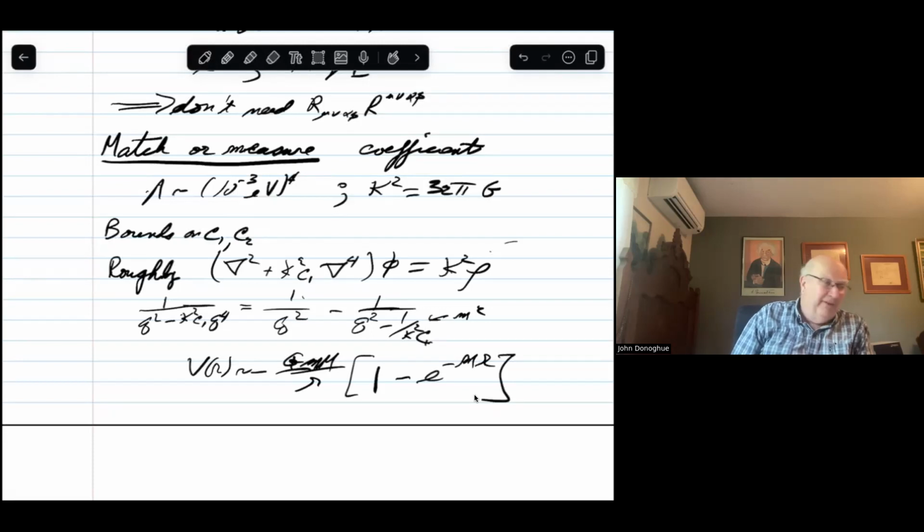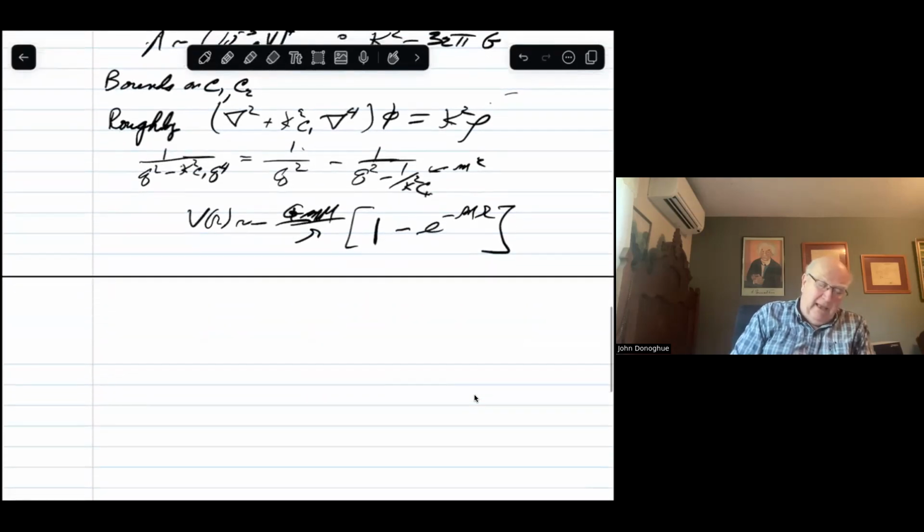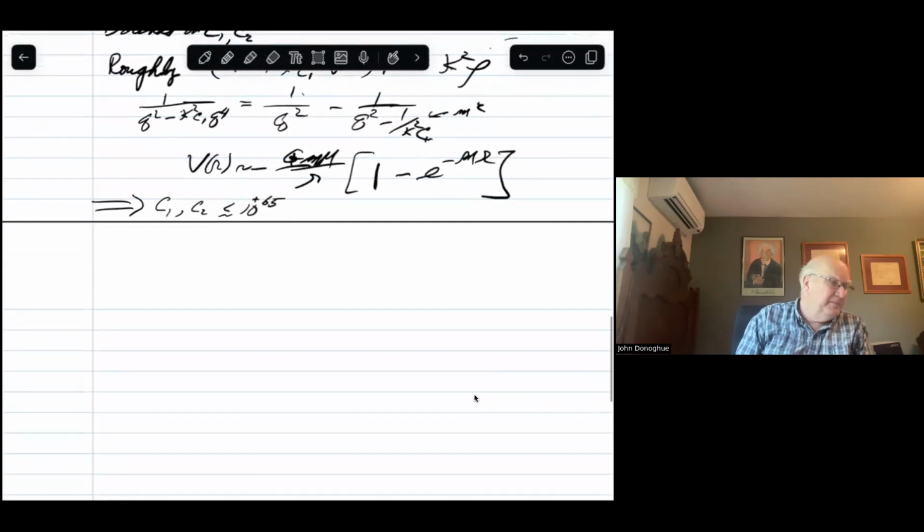If that were big enough, you would see it. And this logic then tells us that C1 and C2 are less than about 10 to the plus 65. Okay, so they're not very well bounded at all. Basically, we're insensitive to them, but nevertheless, they could in principle be there.